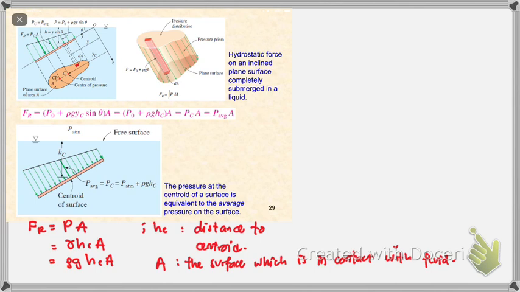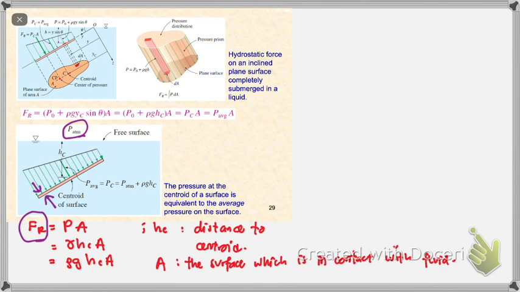In any case, we always ignore the P atmospheric inside our F resultant calculation, because the P atmospheric acts on both sides with the same magnitude, so it cancels out.